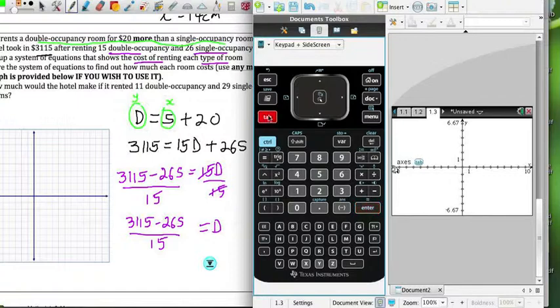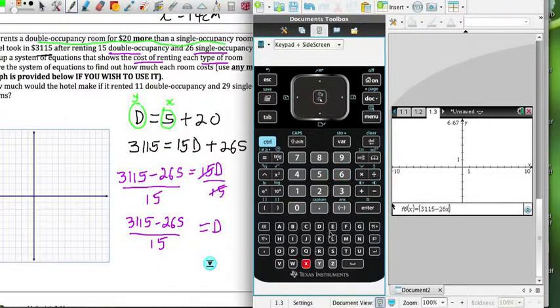Okay, what I'm going to do is push tab. It's going to allow me to enter my second equation, and I'm going to use parentheses this time because I have 3115 minus 26.